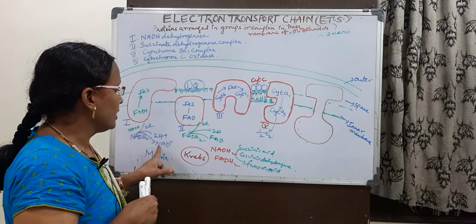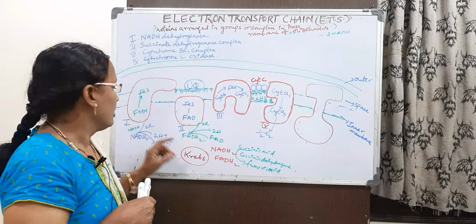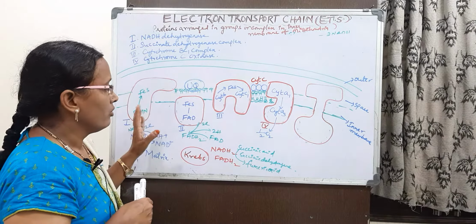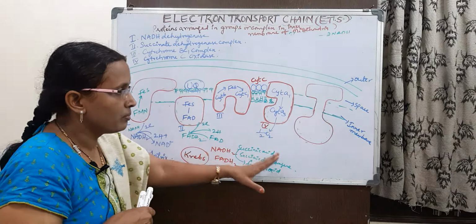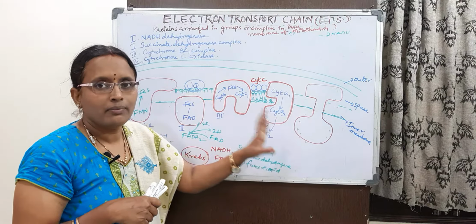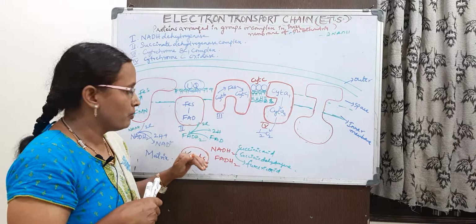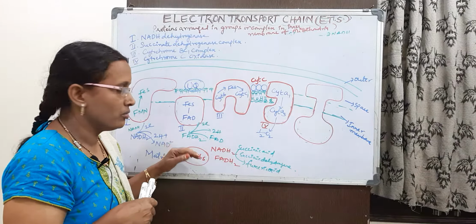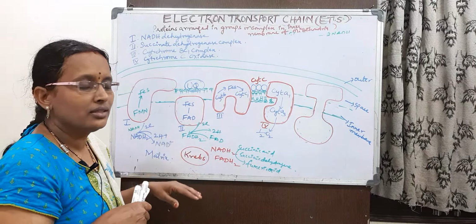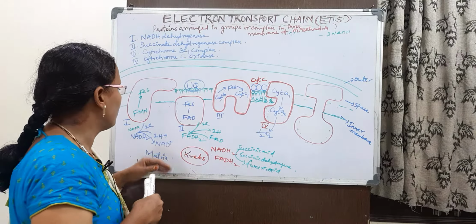This NAD again enters the Krebs cycle. So what does this electron pathway do? It helps to create the proton gradient, it helps to synthesize ATPs, and it continues the Krebs cycle by supplying NAD plus and FAD.